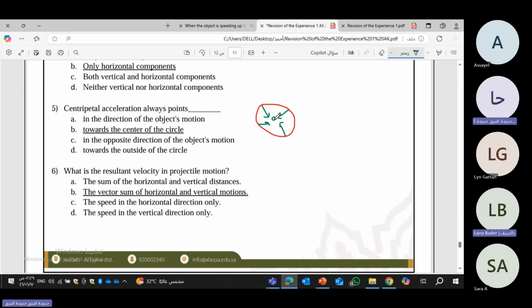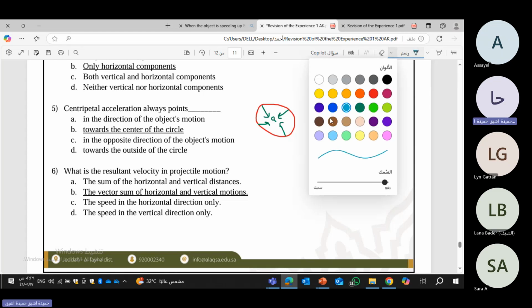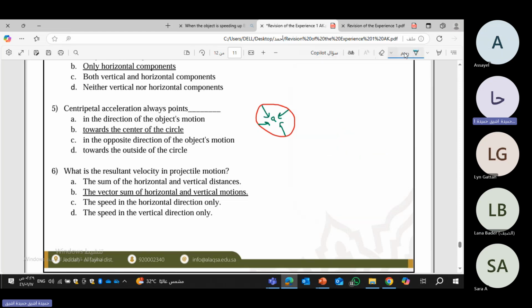No, excellent. Actually, the velocity is the tangent. So this is velocity, V1, for example. This is, for example, V2. This is V3. This is V4. So the tangent of the circle is the velocity. What about the acceleration? Toward the center of the circle. Don't forget. Okay.